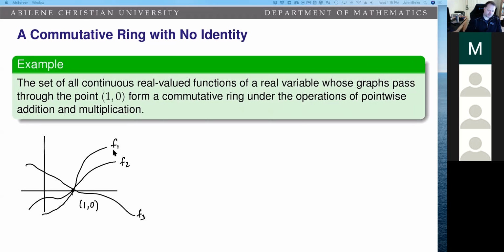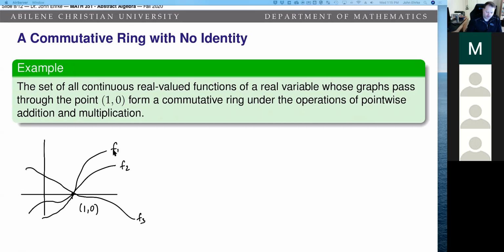What does the operation look like on a ring like this? If you want to call this capital F, it is the set of all f mapping R to R such that f(1) equals 0, right?